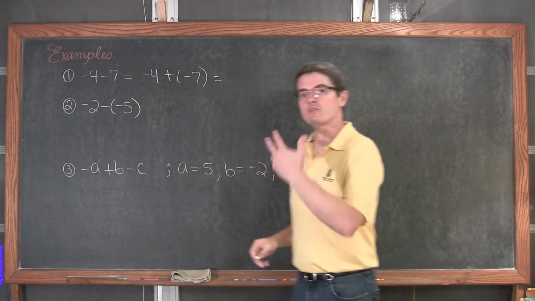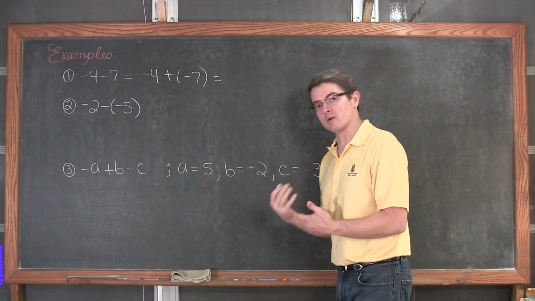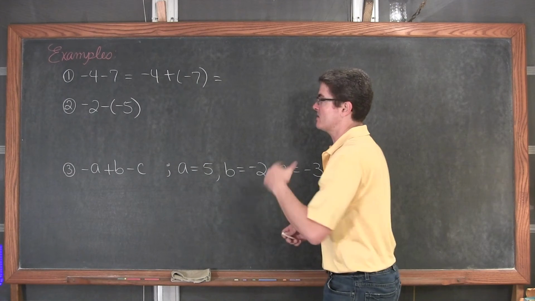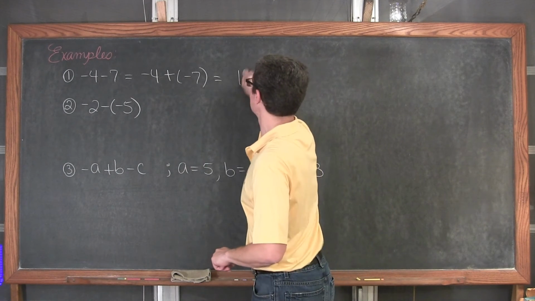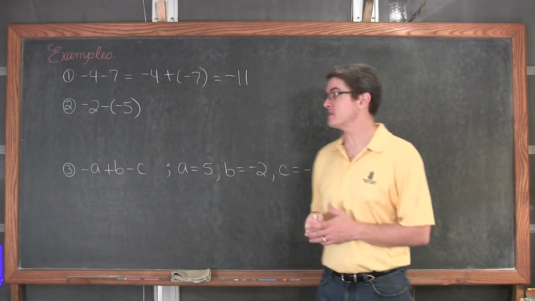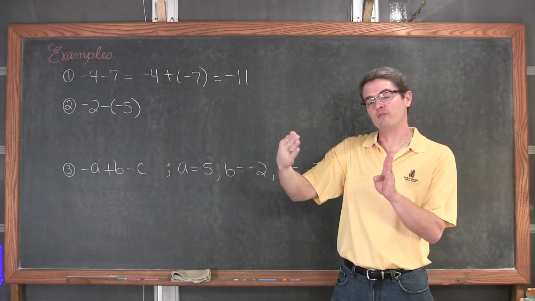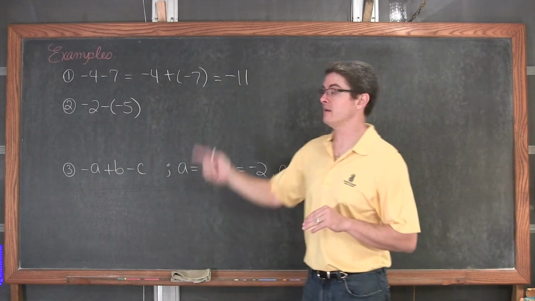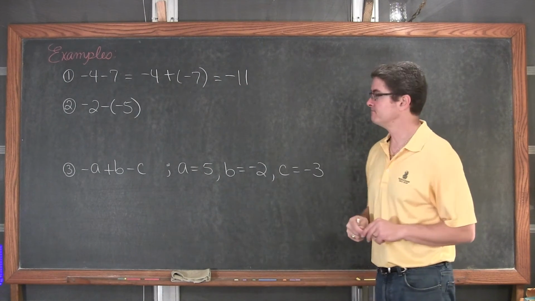And that goes back to our first rule, combining numbers with the same sign: we add those numbers and keep the sign. So 4 plus 7 is equal to 11, and both of these numbers are negative, so the answer is -11. Or again, move 4 on the number line and then move another 7 units to the left, and you'll end up with -11.